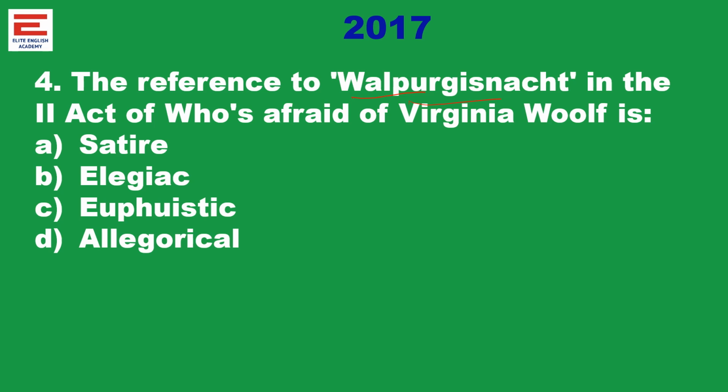Actually it is the belief that before May Day, May being the month of celebration, just ahead of May 1st, the witches join together and they plan for something big, to do harm to the people. So anything called a Walpurgisnacht is supposed to have a nightmarish quality.